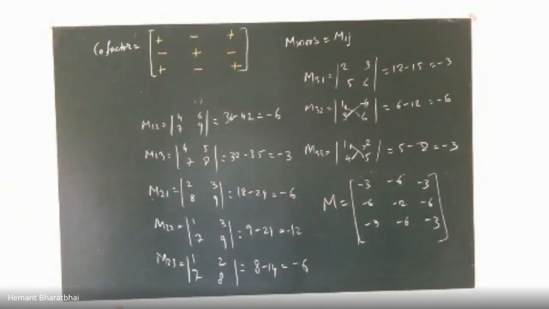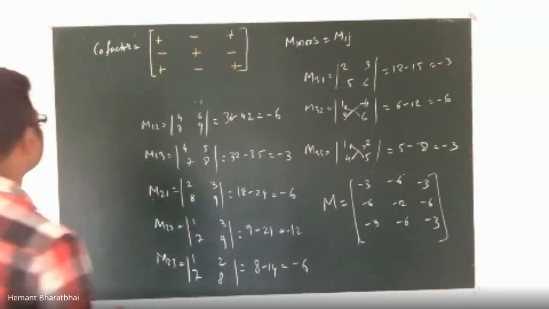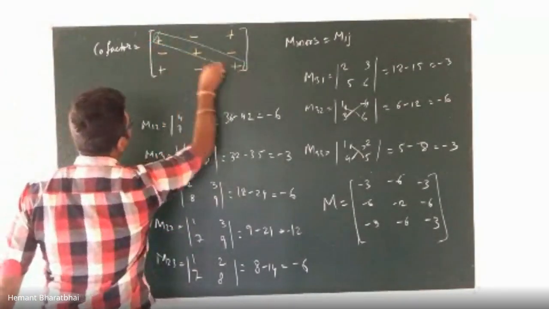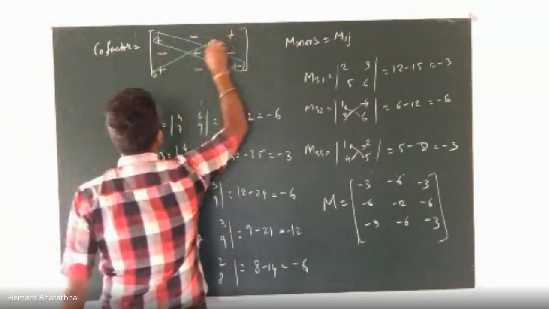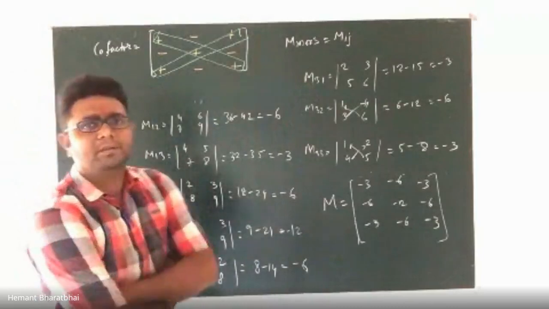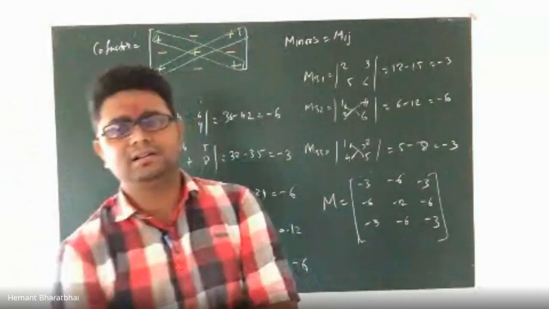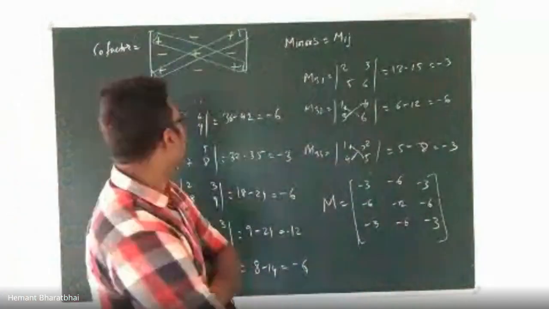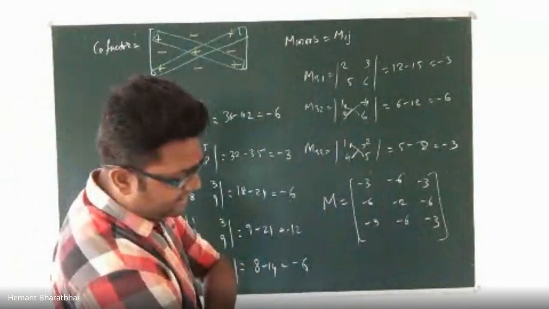So if you don't remember these signs, you will get confused. It is as simple as that. The diagonals will have positive signs. Both the diagonals write the positive sign, and in the remaining elements write the negative sign.